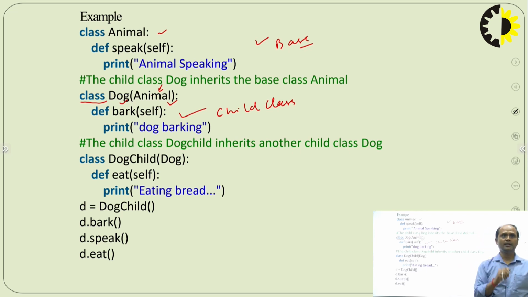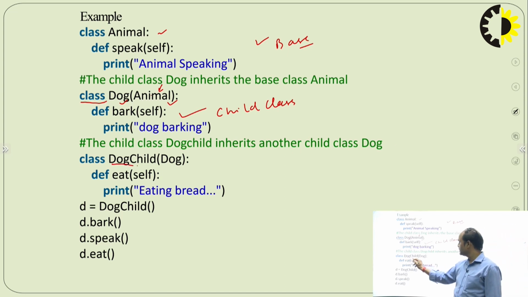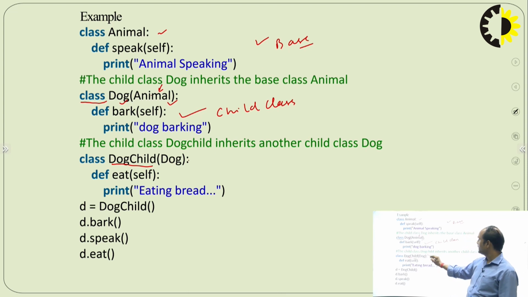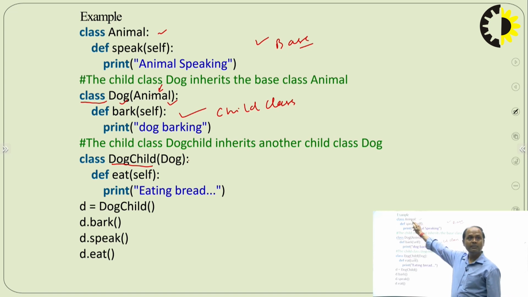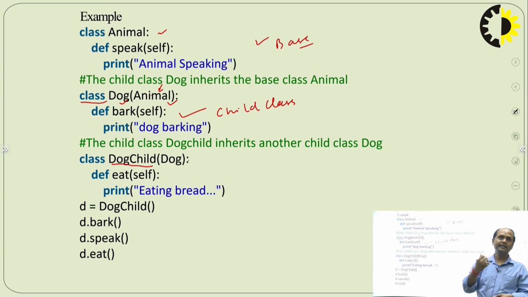This is when multi-level inheritance is used. We can create another class, Dog child, that is inherited from this Dog class, which is also inherited from the Animal class. So when more than one class inherits the property, that is called multi-level inheritance.